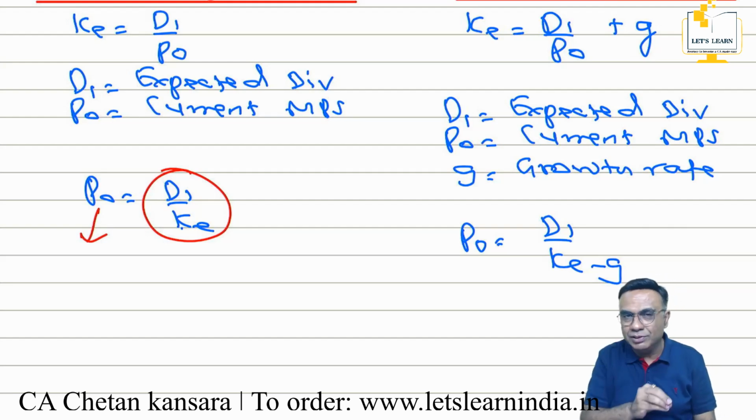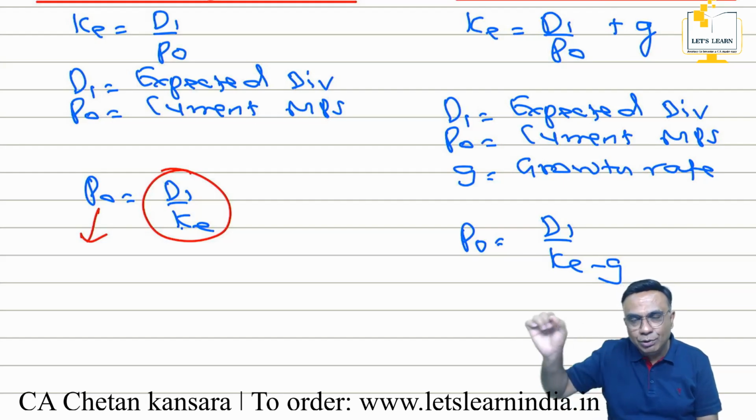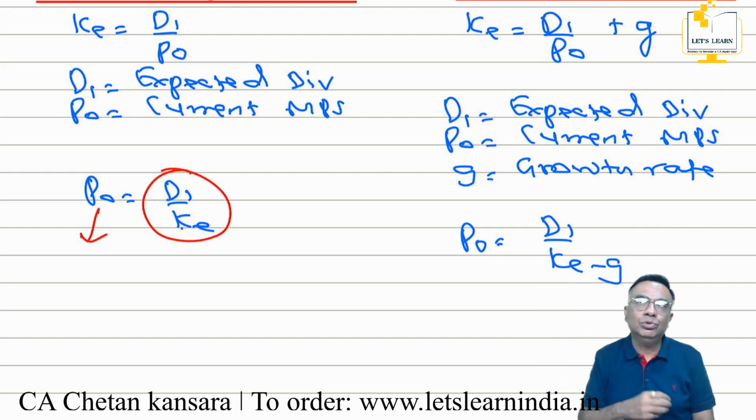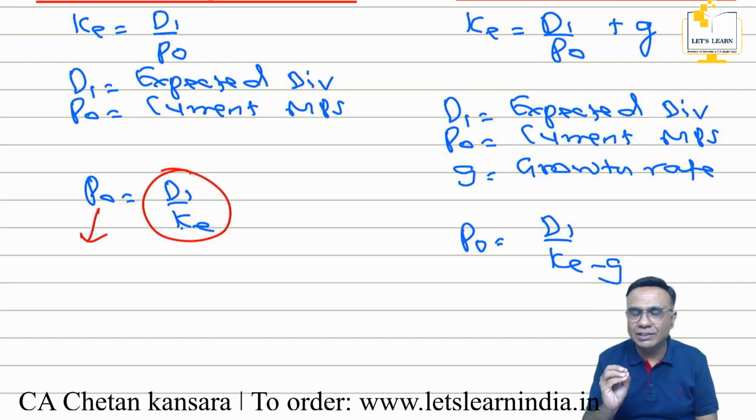Suppose your business has a life of 5 years. All 5 years' cash flows we will estimate, and I will discount at the rate I expect. Suppose that comes to 50 lakh rupees.